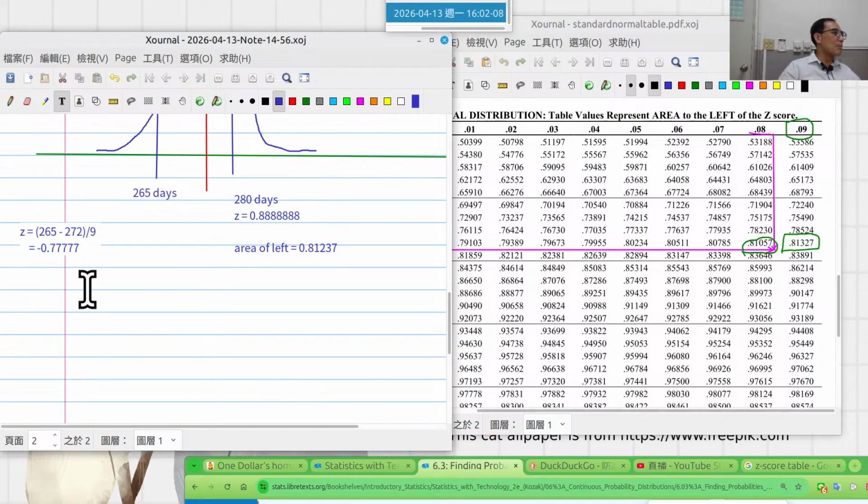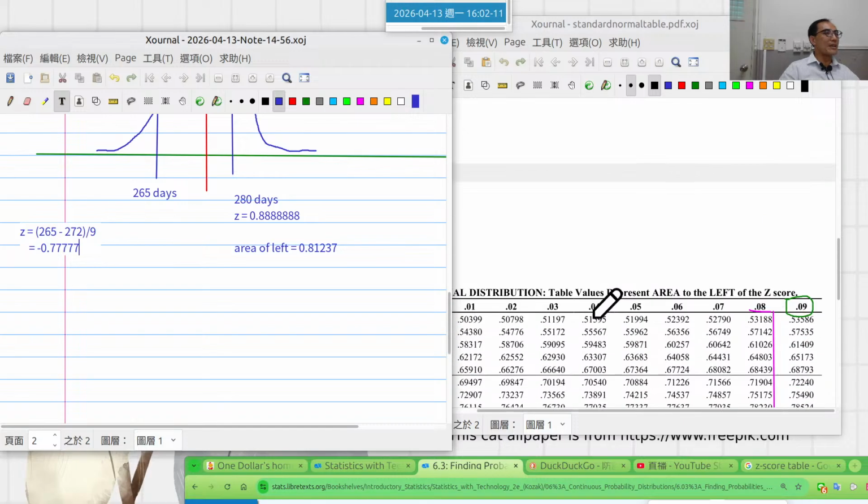Okay, and how about the other one? Minus 0.7 minus 0.7.